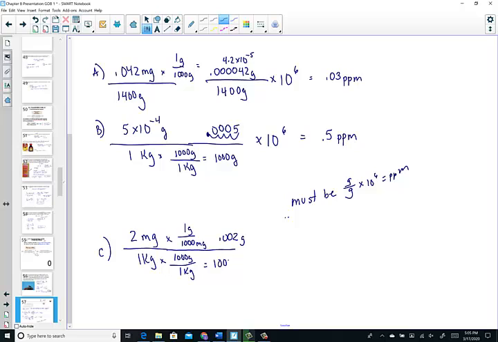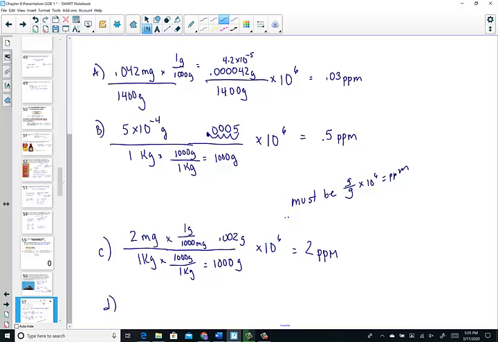And so on the bottom, we have 1,000 grams. We multiply that by 10 to the 6th power, or 1,000,000, one with 6 zeros after it. 0.002 divided by 1,000 times 1,000,000. And our answer is 2 parts per million.